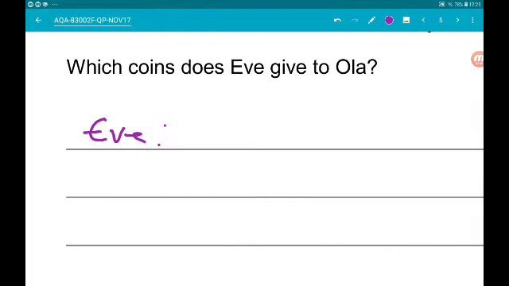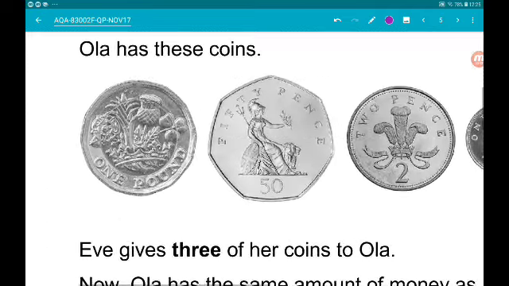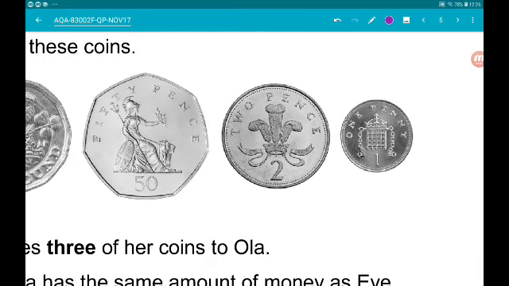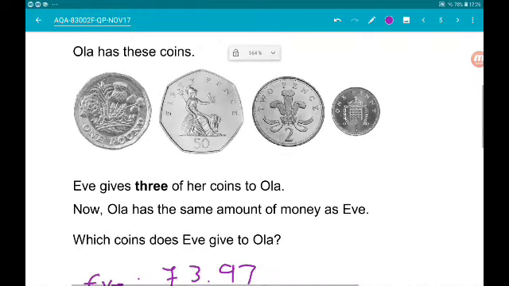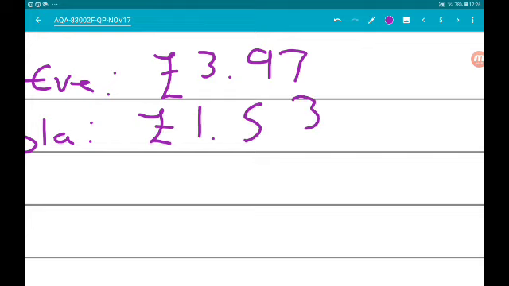So Eve has £3.97. Ola has 150, 152, 153. So Ola has £1.53.